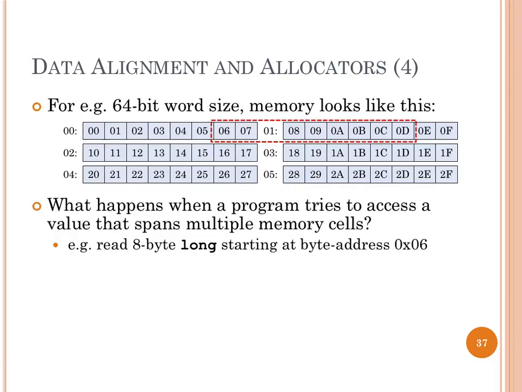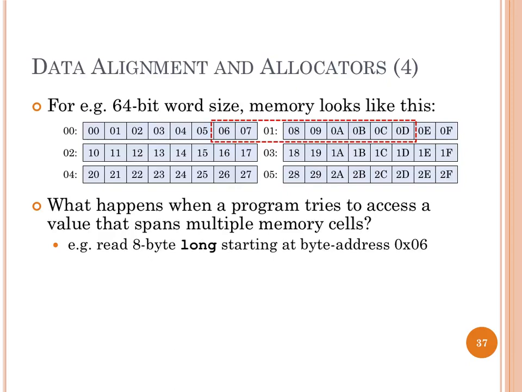So what happens if a program decides to access 8 bytes and it spans multiple memory cells? How many memory accesses do we do? More than 1. In this case, we're doing 2.